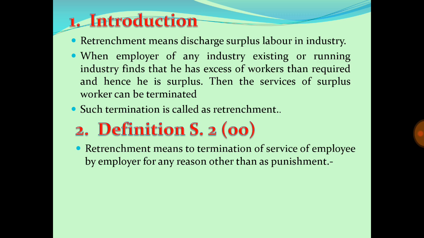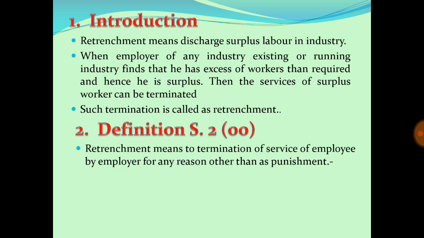Section 2(oo) of the Industrial Disputes Act defines the term retrenchment. Retrenchment is the termination of services of an employee by the employer for any reason other than punishment. The definition doesn't provide the reason why the services are terminated.